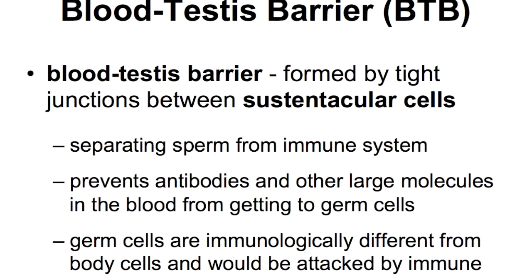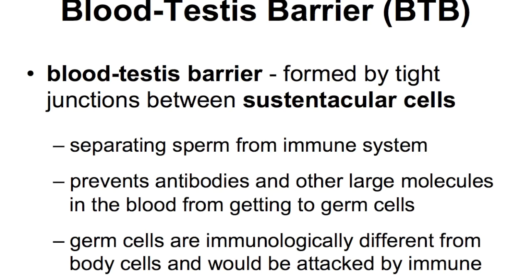So as I talked about before, the blood-testes barrier is very important. It's created by these tight junctions between the nurse cells or the sustentacular cells. I think sustentacular, nurses are just sustentacular. Yeah, whatever helps. So the tight junctions formed between these cells do not allow immune cells through, and it also prevents a lot of molecules and bacteria from getting in as well.